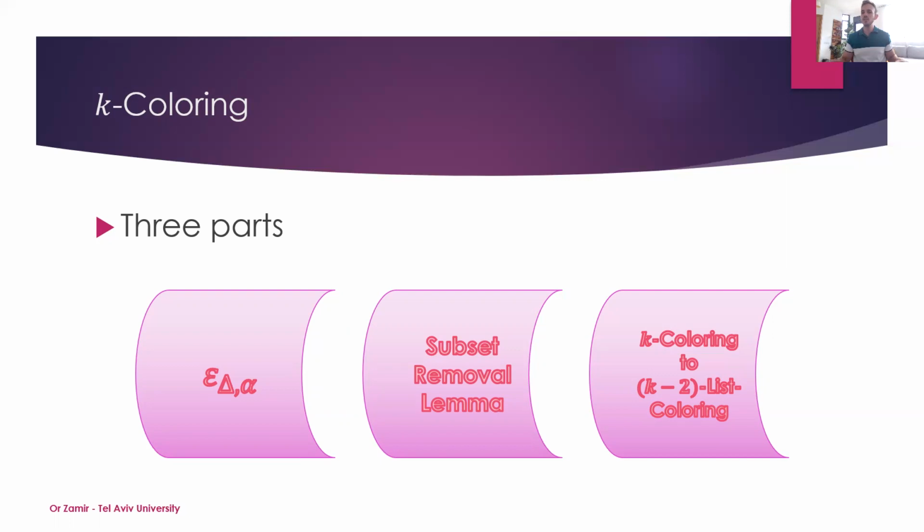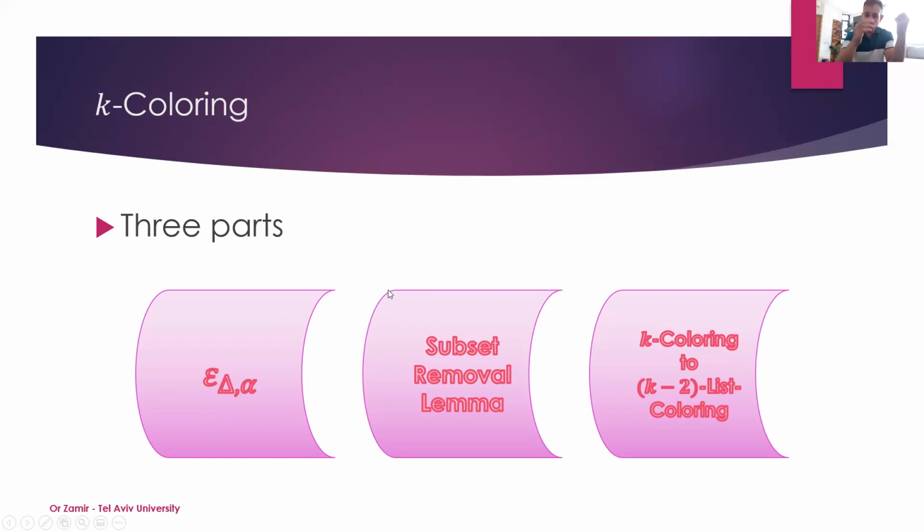The paper basically consists of 3 parts. The first part is the part in which we prove this more general result, in which we prove that for every delta and alpha, you have this epsilon such that for graphs of that type, you can get an exponential improvement. But in order to prove this thing, we use a new combinatorial result.